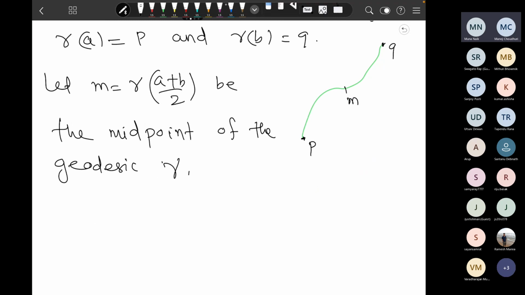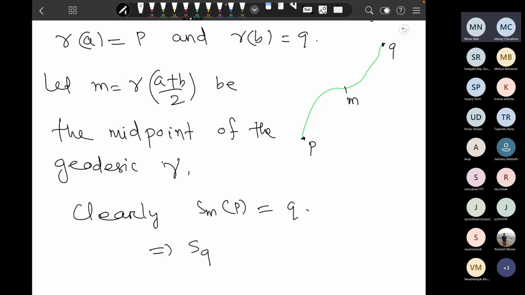Since S_M is the geodesic inversion about the point M, clearly S_M of P is Q.